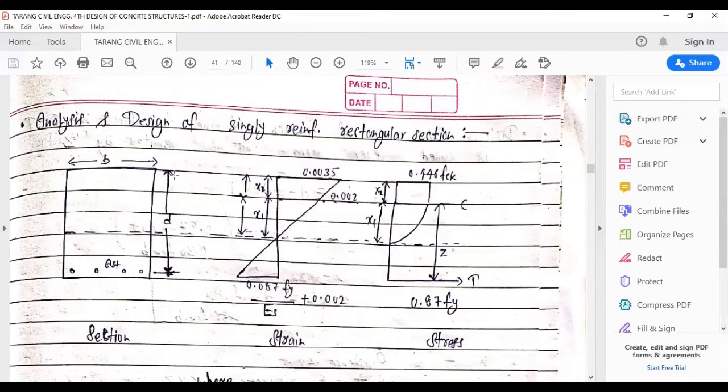If this is d, this is x, and if it is xm, that is maximum depth of neutral axis, then the leftover portion, that is this, is d minus xm.